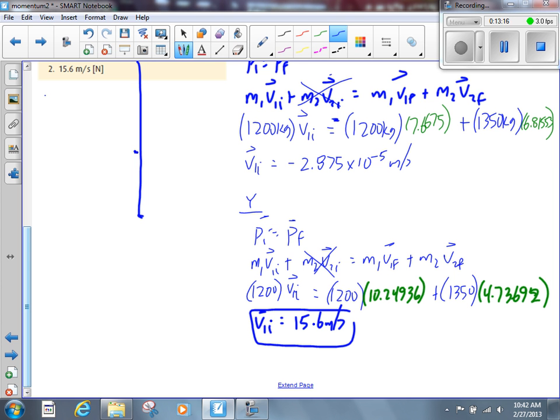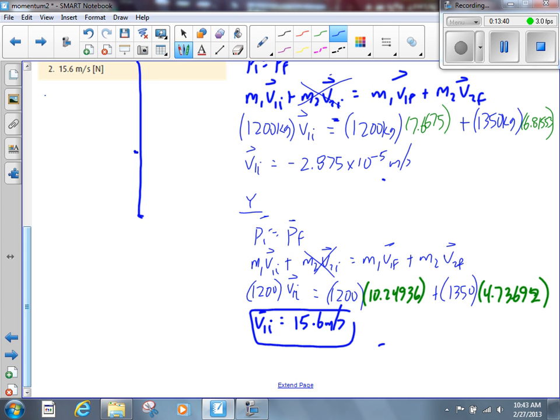Remember we did the question yesterday where the coal was coming down and hitting the hopper car? And there was a final y velocity involved there, but it was so small compared to the final x velocity that we really didn't need to pay attention to it. Well, this initial x velocity is so small compared to the initial y velocity that we really don't even need to do anything with it.